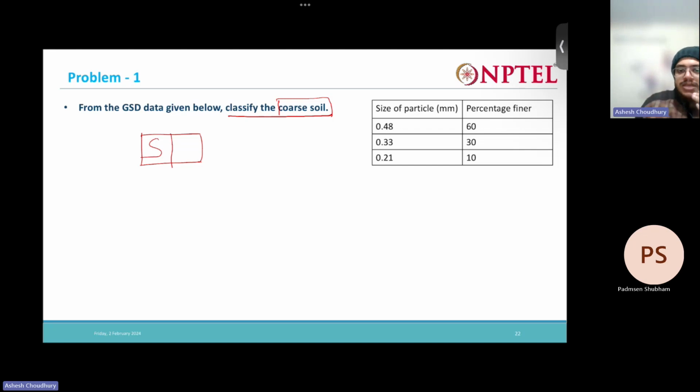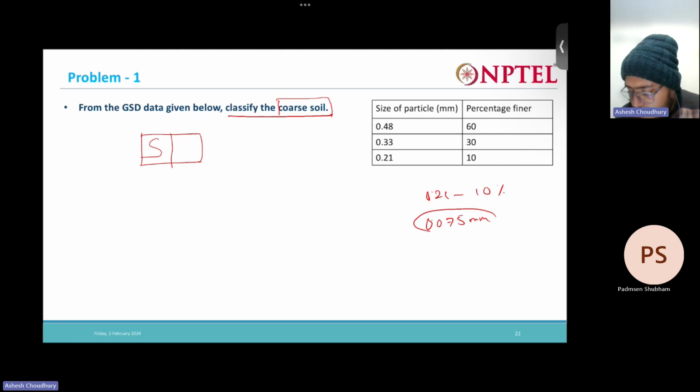Finer than 0.21 mm is 10%, so this is our boundary for fine grain. Nothing is mentioned in this question about whether some amount is passing through 75 micron or not.